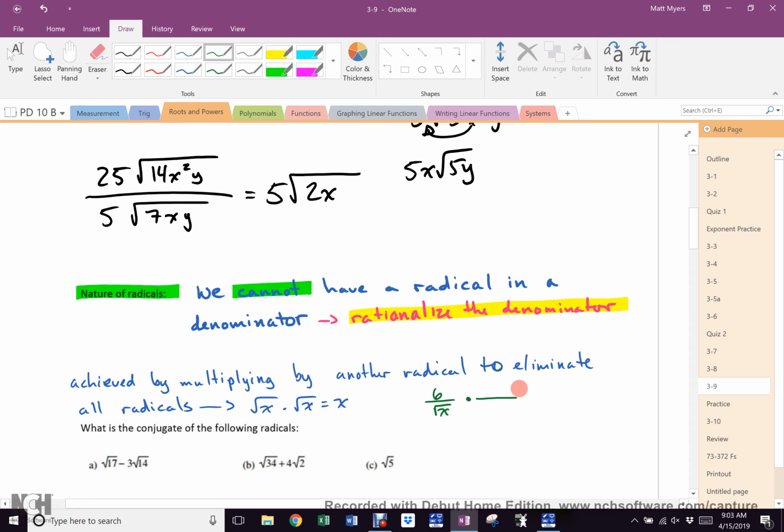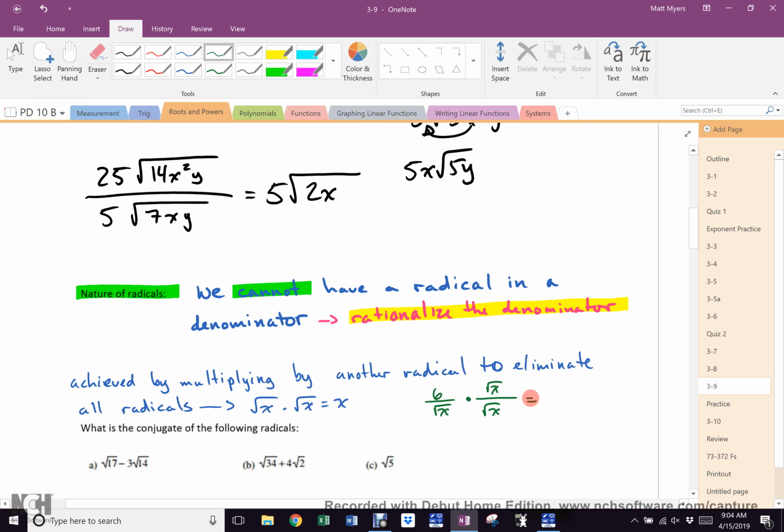So how do I get rid of that? I multiply by another radical to eliminate that radical. Well, obviously that radical is going to be root x, yes? But if I don't put something there, is this going to be the same? No, I must multiply by 1 to keep this value. We all understand that that value is 1, correct? So even though it will change the looks of this, it does not change the value because this is only 1. Everybody cool?